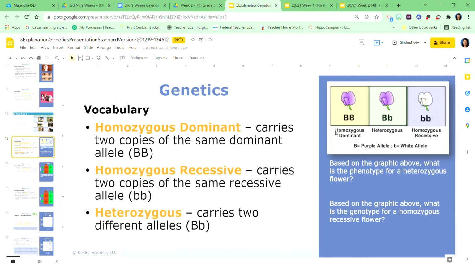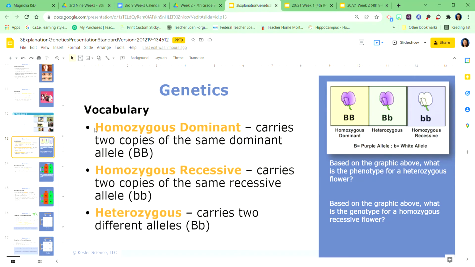You can have homozygous dominant, which means that both of the alleles are capital letters. You can have heterozygous, which means it carries different alleles, so a big B and a little b, or a big letter and a little letter. And then you can have homozygous recessive, which carries 2 copies of the same recessive allele, so 2 lowercase letters.